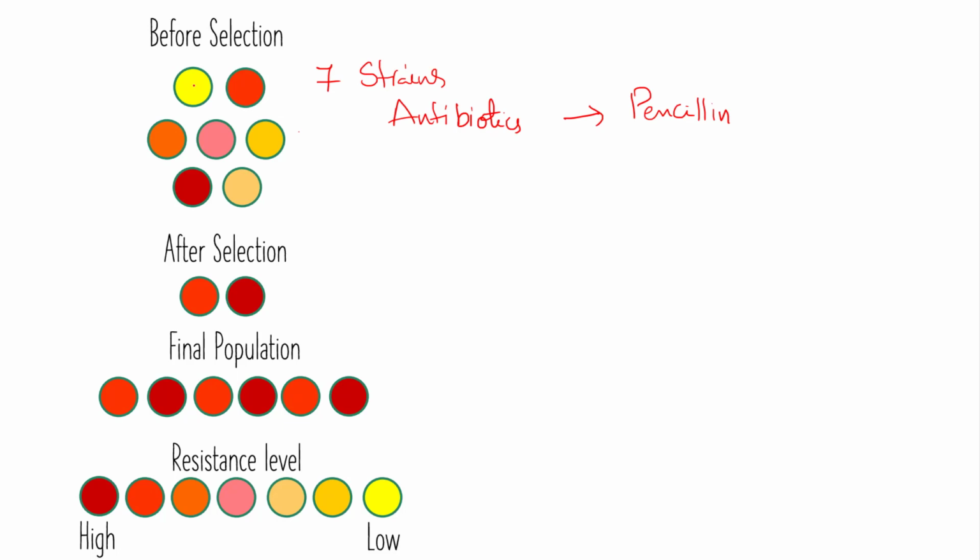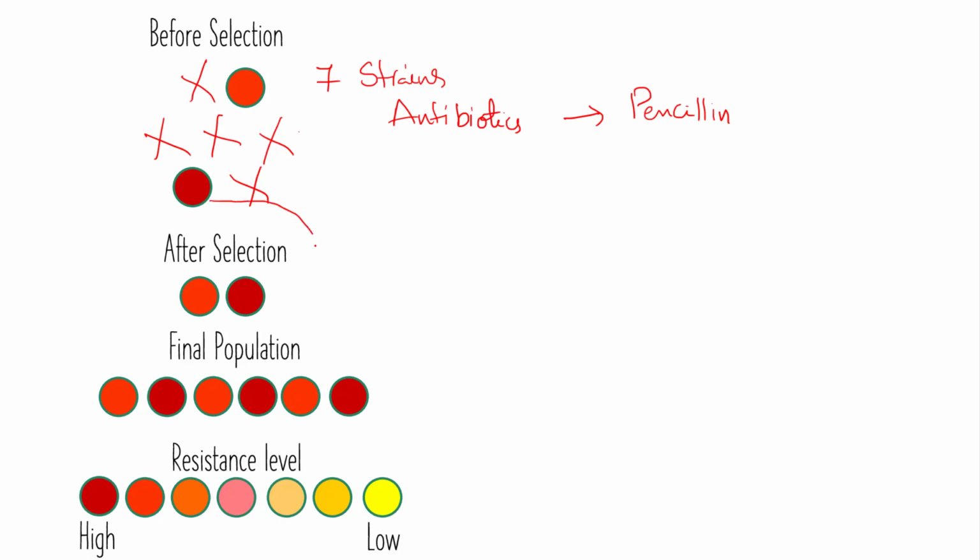After the application of the antibiotic, you generally see that some bacteria are eliminated. So these 5 different strains of bacteria are eliminated. When these 5 are eliminated, the leftover ones are considered to be the most resistant.